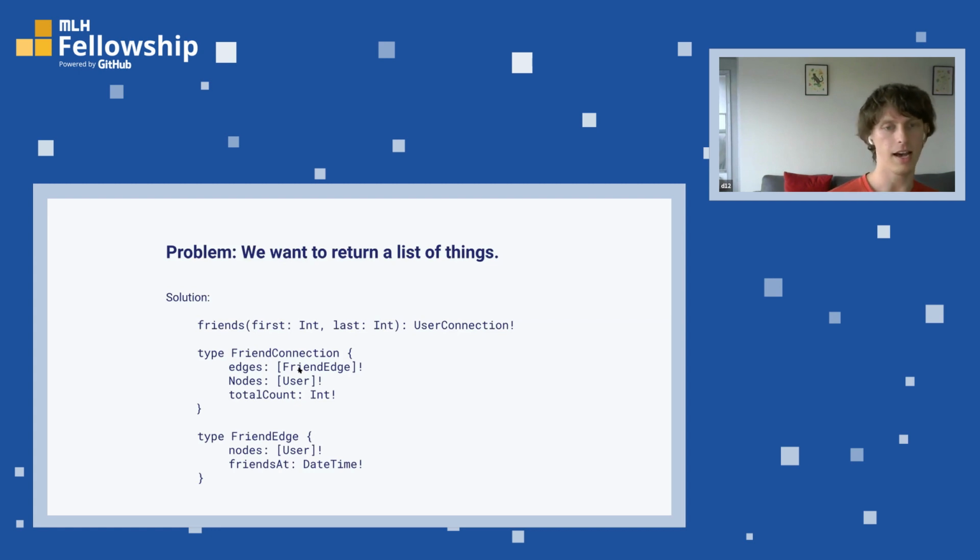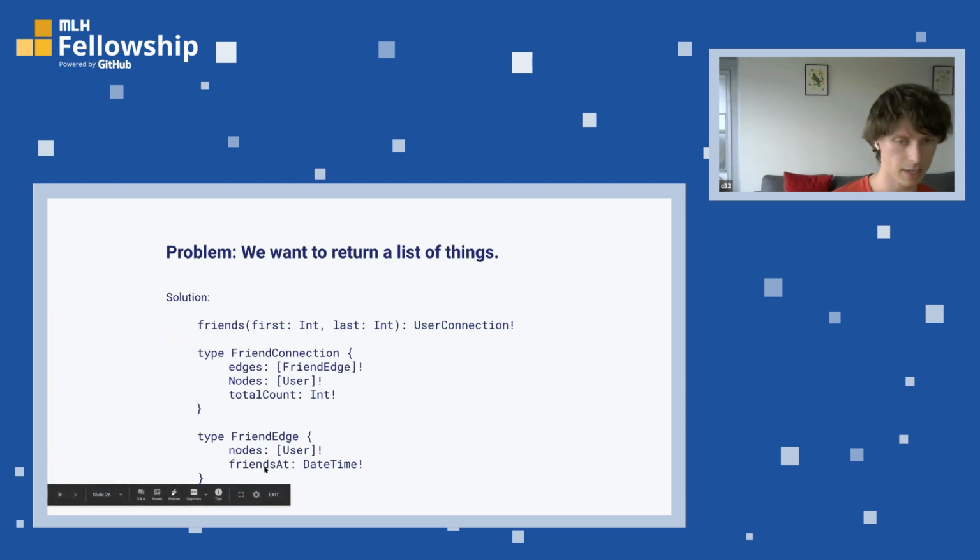That is where we would store information about a friendship. And then we could have a friends at on the edge, and we can use that to tell when two friends became friends. And then on that edge, we have the user as well. So that solves all the problems that we had.